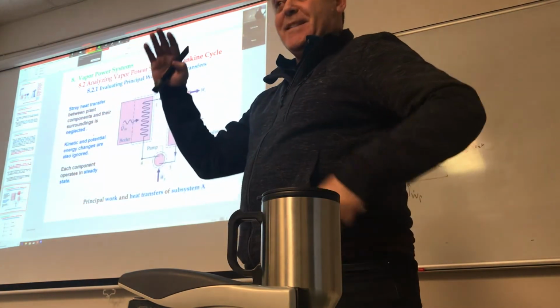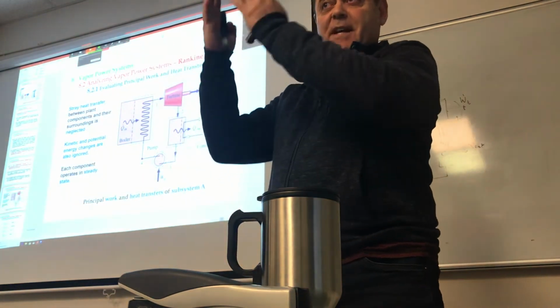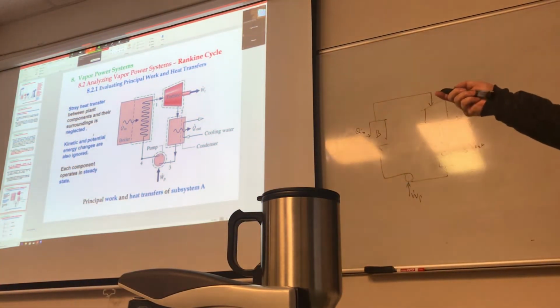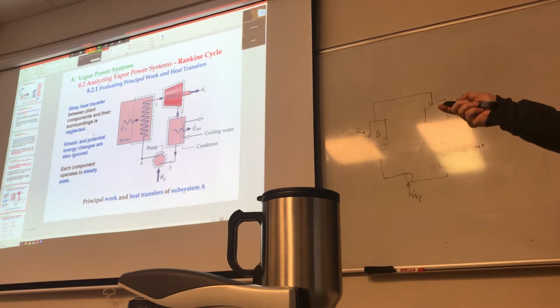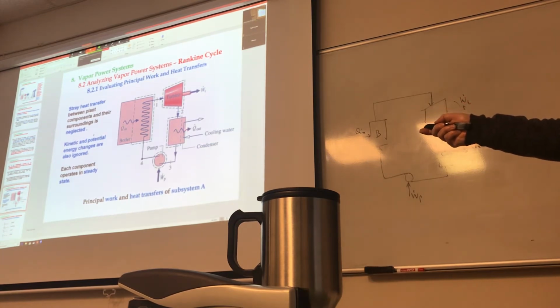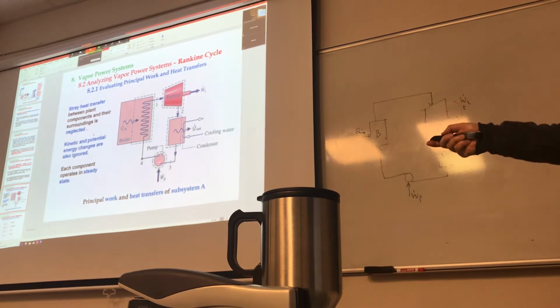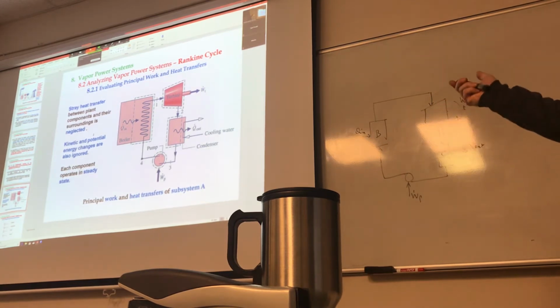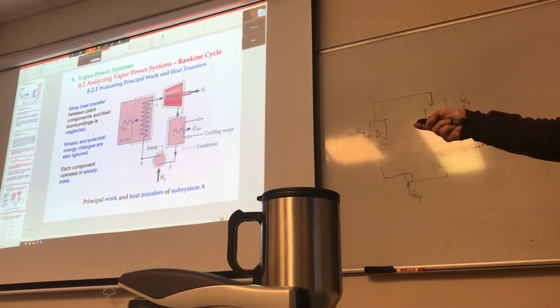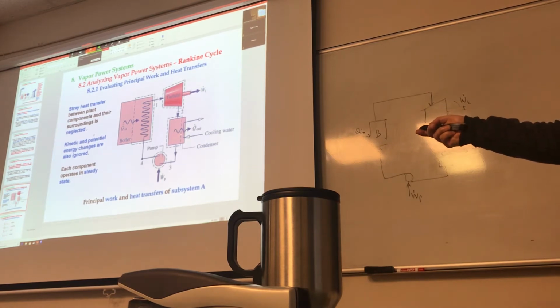These are metal pieces, so you're going to have some heat transfer. So what are we going to consider? We're going to consider that stray heat transfer between plant components and their surroundings is neglected. In other words, Q only occurs here and here, but nothing there and nothing there. That's an idealization, and I think it's reasonable, because even if there is a Q here, it's going to be nothing compared to the Q that is involved there or the Q that's involved in here.